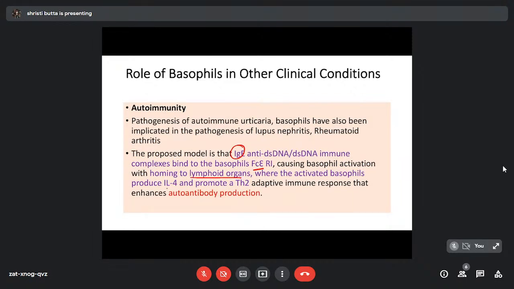Once this IL-4 is produced, that promotes the T helper 2 driven adaptive immune response and produces what is referred to as autoantibodies. So basophils have a role even in autoimmunity by allowing the production of autoantibodies by T helper 2 cells.